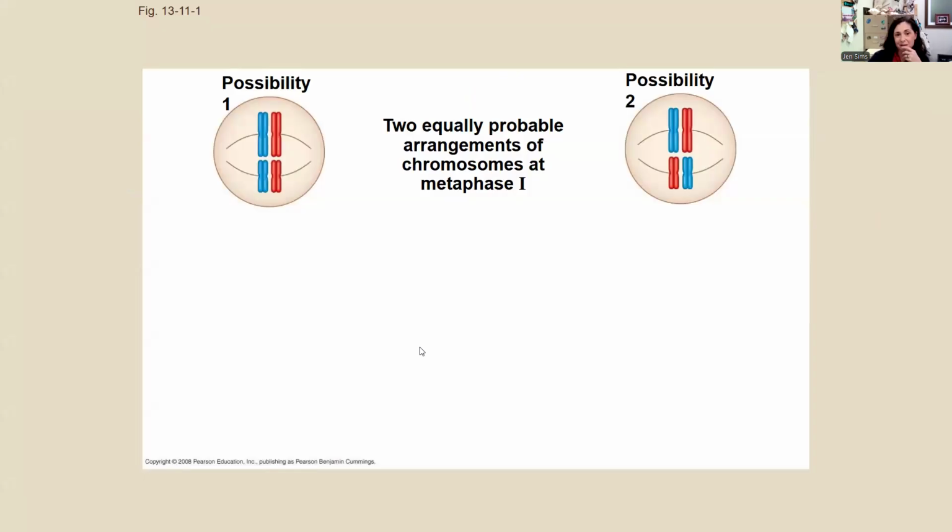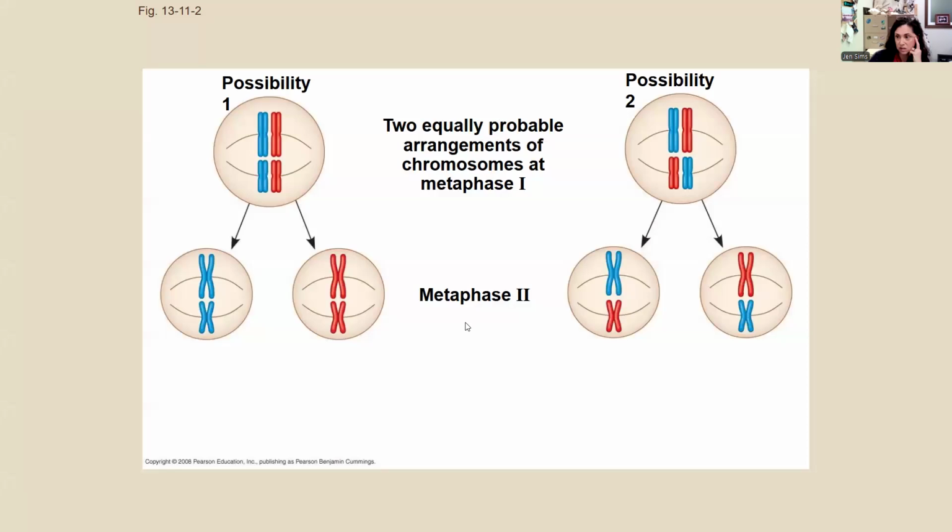So here's kind of what we mean by independent assortment. There are 2 chromosomes here, everybody. So 2 equally probable arrangements of chromosomes at metaphase 1. Again, metaphase 1 here, and we're obviously ignoring prophase 1 for a second. You've got all the paternal and maternal lining up on one side, and then here's a mixture of the 2. And here's metaphase 2, where we split homologs.